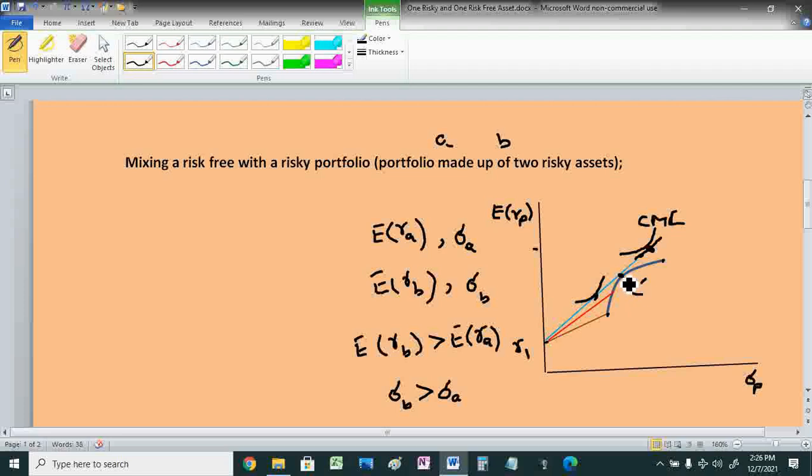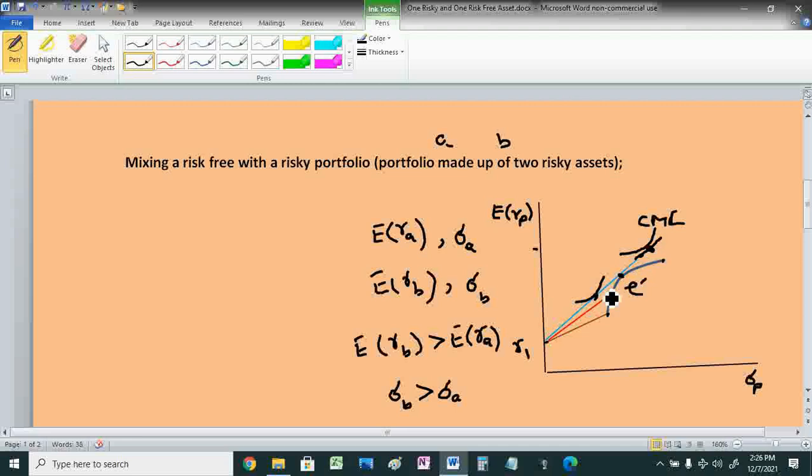But when we move from this point to this point, it means that the proportion of savings going to this particular portfolio is greater than 1. It would have been 1 if we had been here, less than 1 if we had been down here, and it definitely will be greater than 1 if we are in this range.